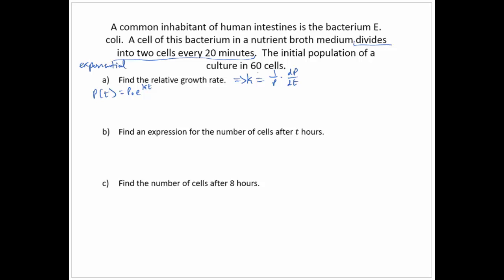Well, let's see. The initial population of the culture is 60 cells, and we know that the cell divides into 2 cells every 20 minutes. So if I let t represent the time in hours, recall that 1 hour is 60 minutes.